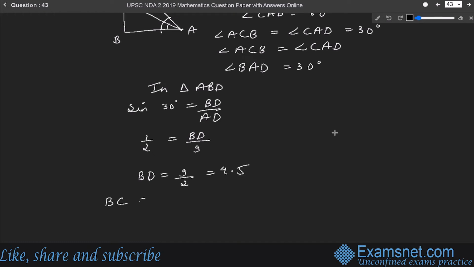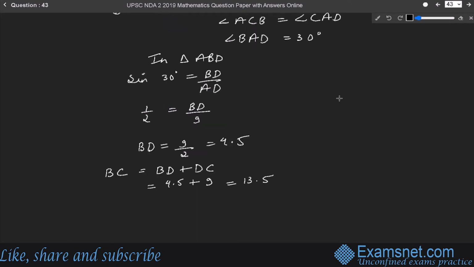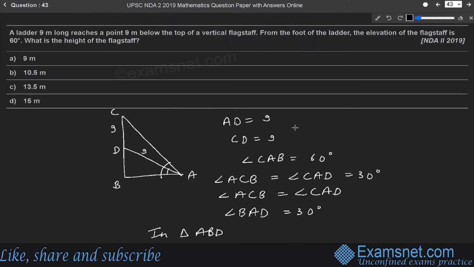Therefore, BC will be equal to BD plus DC, which is equal to 4.5 plus 9. So it will be equal to 13.5. Hence, we can say that the correct option for this question will be option number C, which is 13.5 meter. It was a very, very simple question.